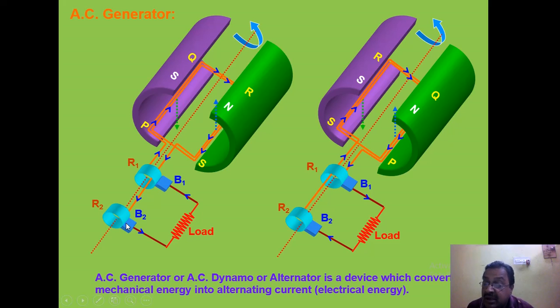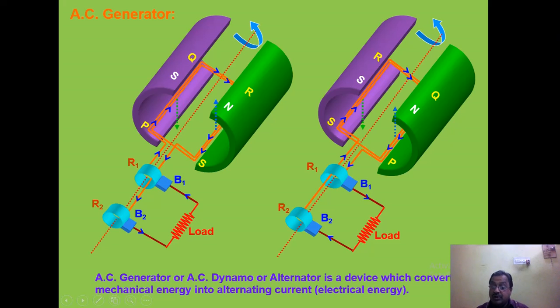So the two free terminals from the armature are connected to the rings R1 and R2, and the rings are capable of rotation along with the armature about an axis. This dotted line represents the axis. The armature can rotate about this, and the rings can also rotate about the same axis.